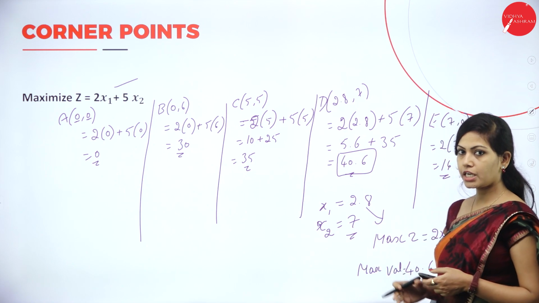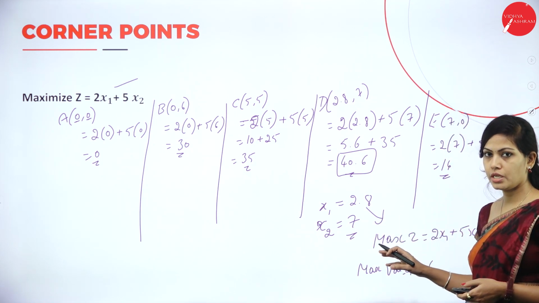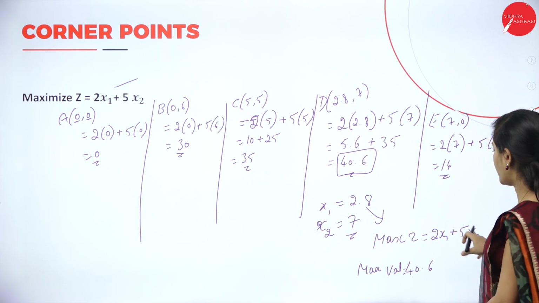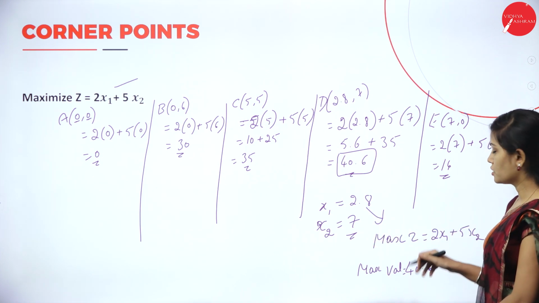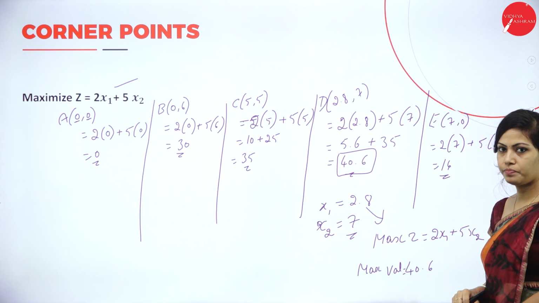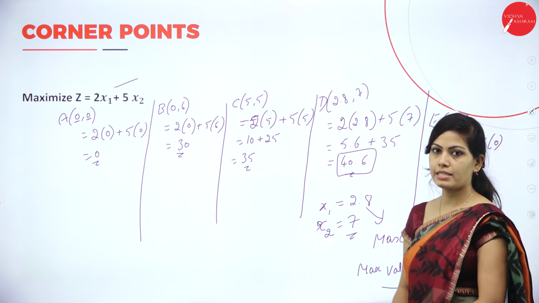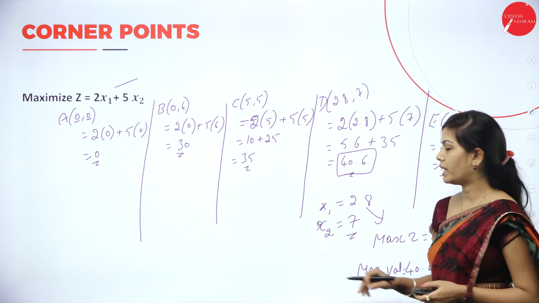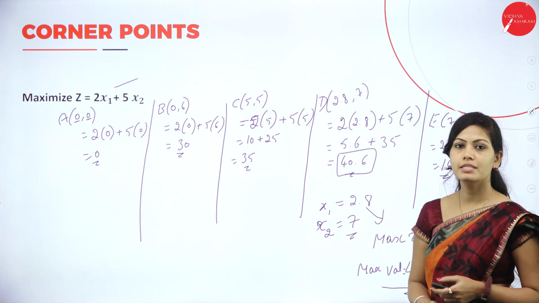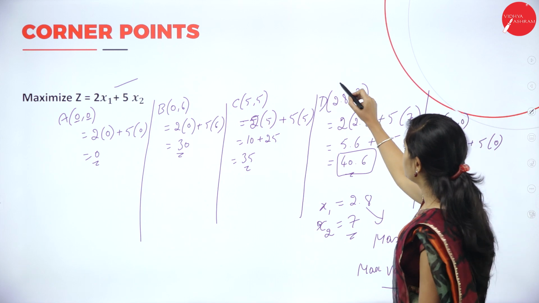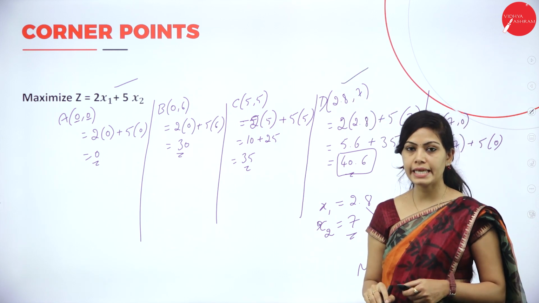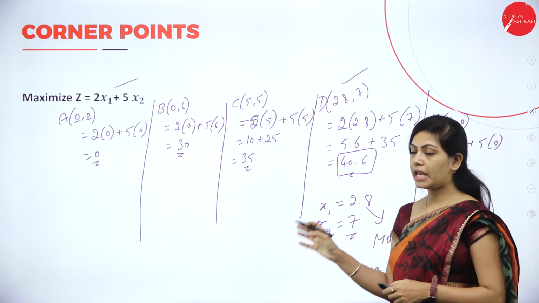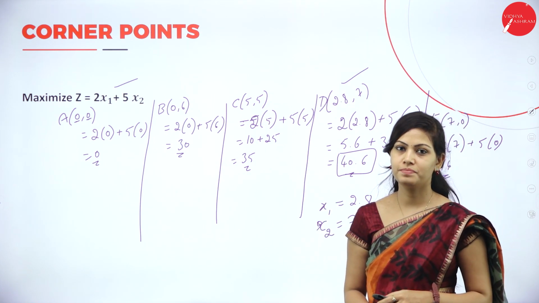If you have any confusion on this, you can substitute the value of x1 and the value of x2, and you'll get the same value. So this is your final answer. So z is equal to 40.6 at the point 2.8 and 7. So the corner point D gives the maximum value. So the given LPP has a solution.